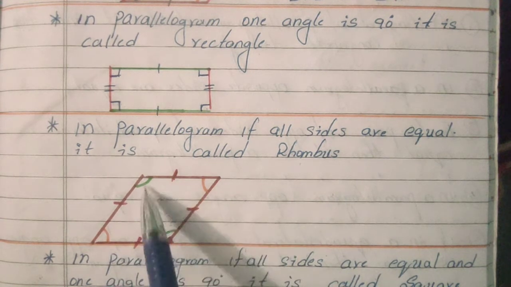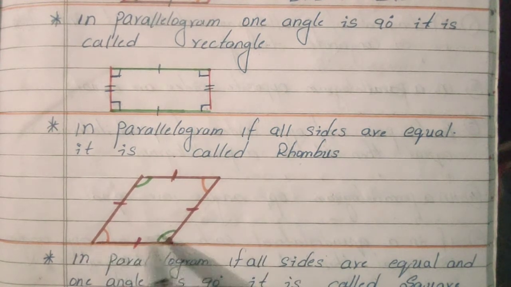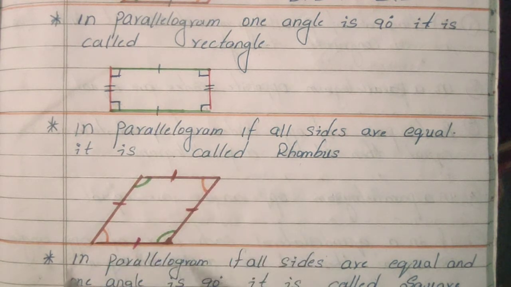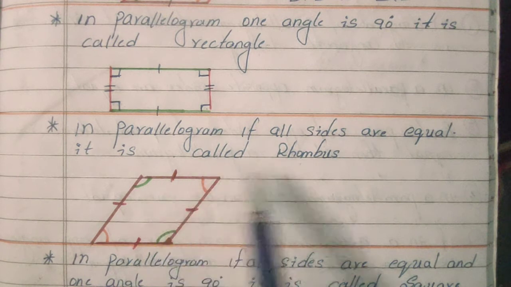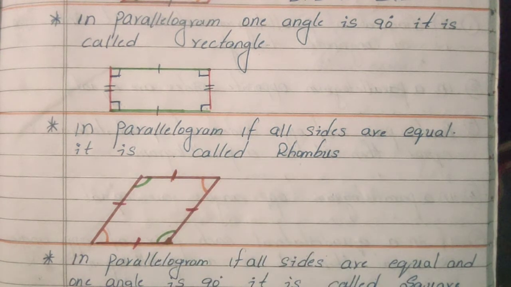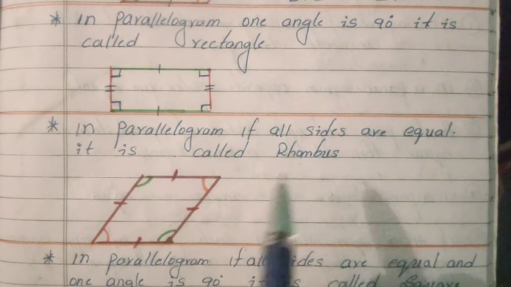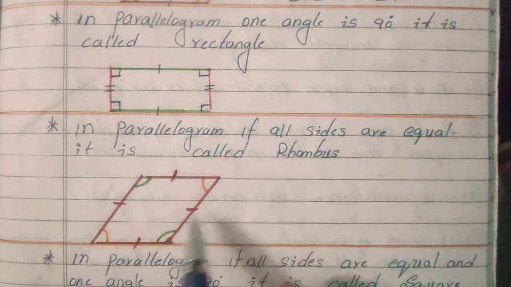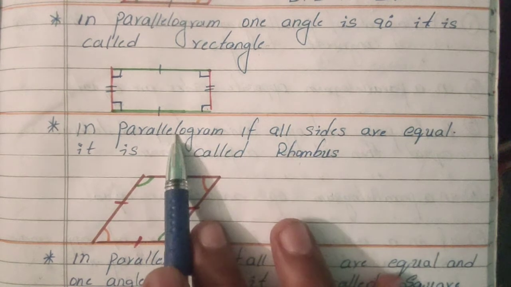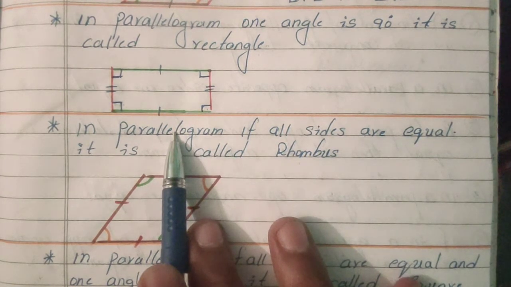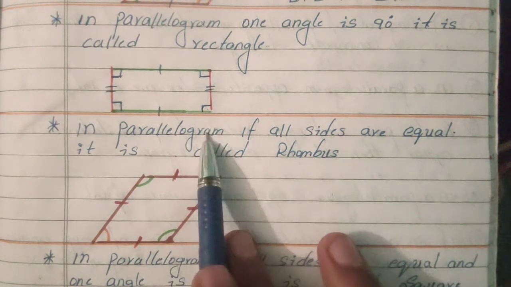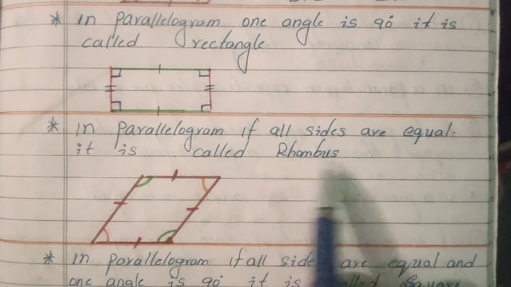Opposite angles are equal, adjacent angle sum is 180, but all angles are not 90 in a rhombus. But all the four sides will be equal. So a parallelogram becomes a rhombus when all four sides of the parallelogram are equal.